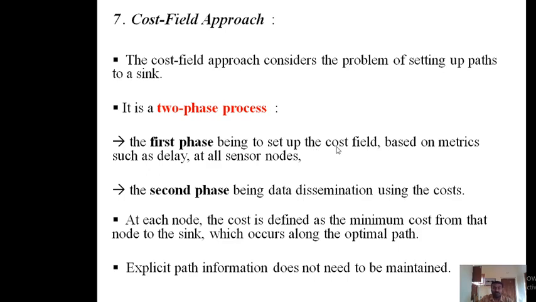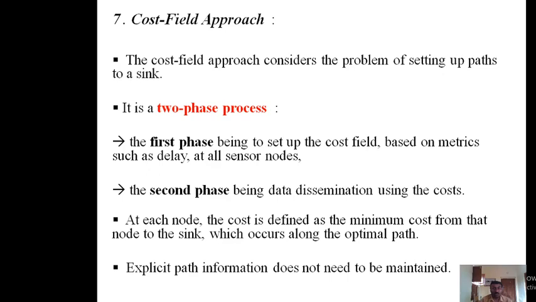Based on these two phases and the cost, we can transfer the data. Each node contains a cost, which is the minimum cost from the node to the sink, along the optimal path. So in the cost field approach, based on the cost, we find the optimal path and transfer the data from one node to another node.